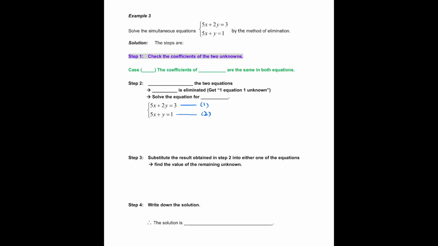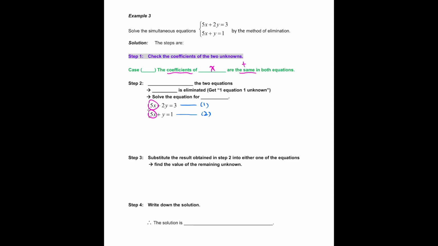Let's study one more example to learn the basic skills of using the method of eliminations. Here, for these questions, when you check the coefficients of the two unknowns, what do you notice? Here, for the unknown x, you will find that the coefficients are the same.